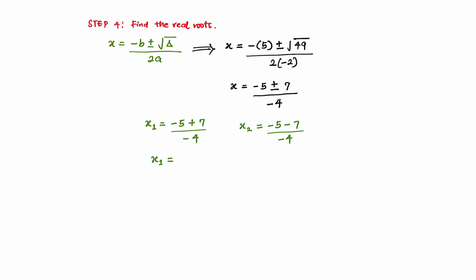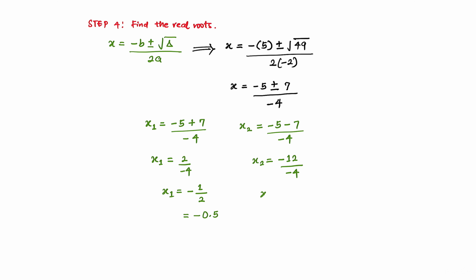So x1 equals minus 5 plus 7, that's 2, divided by minus 4. That means x1 equals minus 1 over 2, or we can simply write it as minus 0.5. x2 equals minus 5 minus 7, that's minus 12, divided by minus 4.